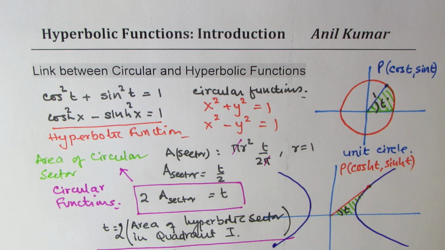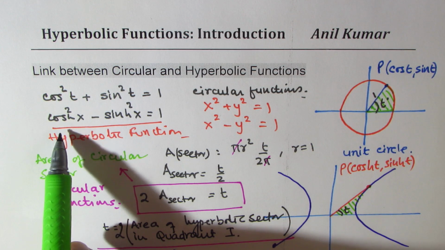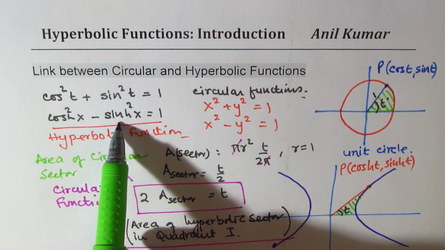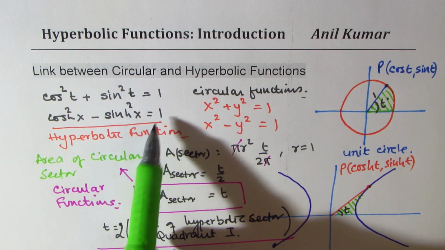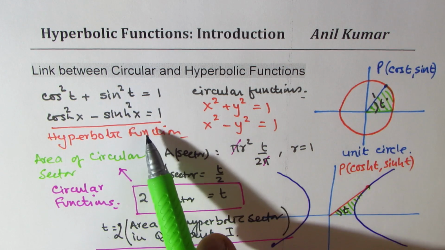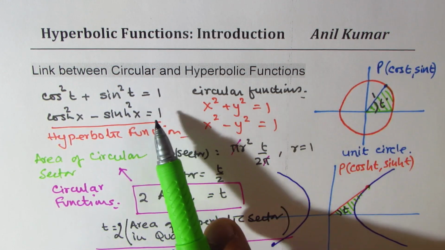So in this video, we learned so many similarities between these two functions, and also we now understand how the name hyperbolic function came about, mainly because cos hyperbolic square x minus sine hyperbolic square x equals 1. So any point here could be represented by this particular function, just as we do for trigonometric functions, right?